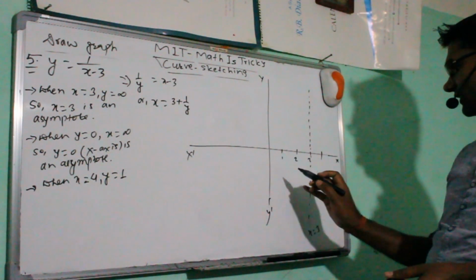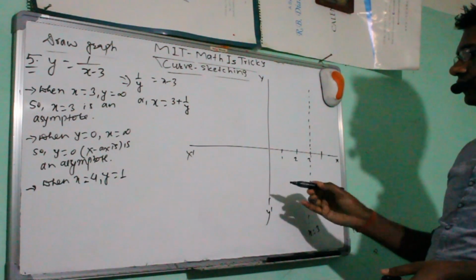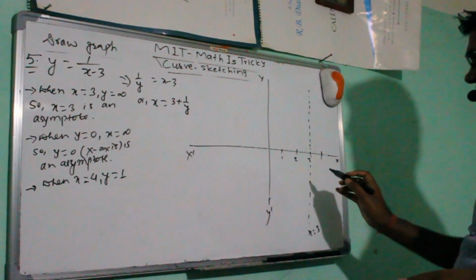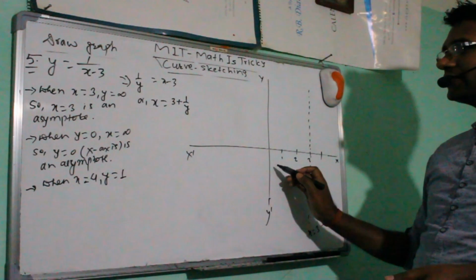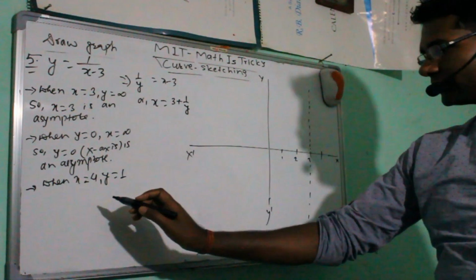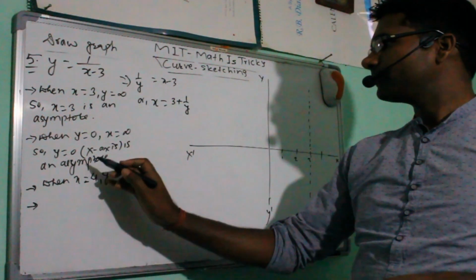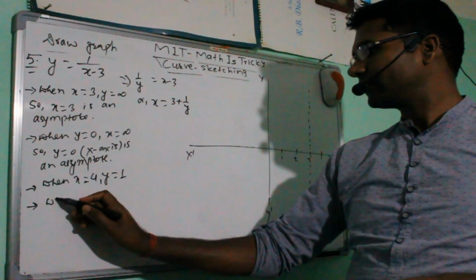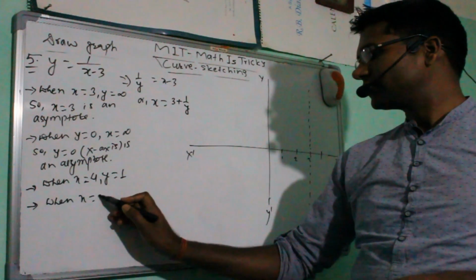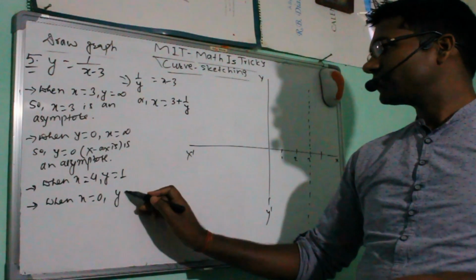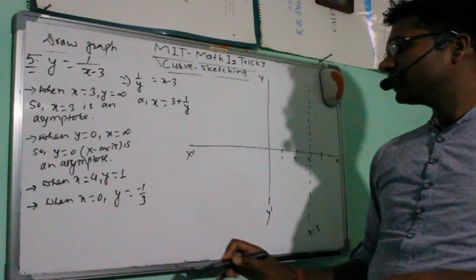Okay, so it means here what about this curve will be. Now if you put x equals 0, it will be y equals minus 1 by 3.